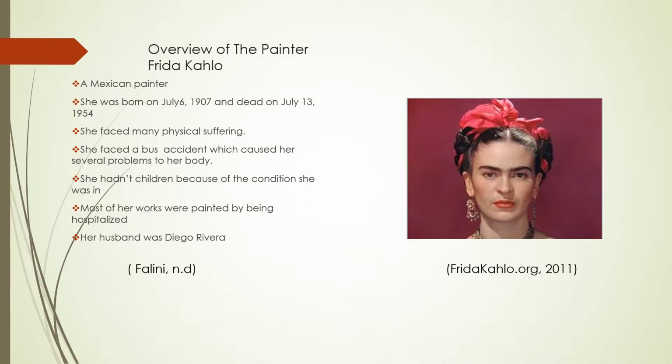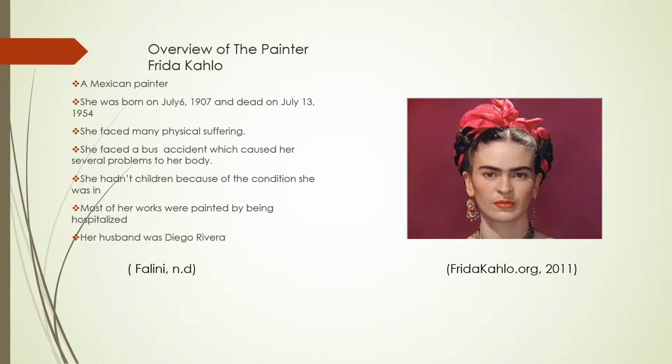Going through the overview of the painter Frida Kahlo, she is a Mexican painter. She was born on July 6, 1907, and died on July 13, 1954. She faced much physical suffering in her life. She faced a bus accident which caused her several problems to her body.